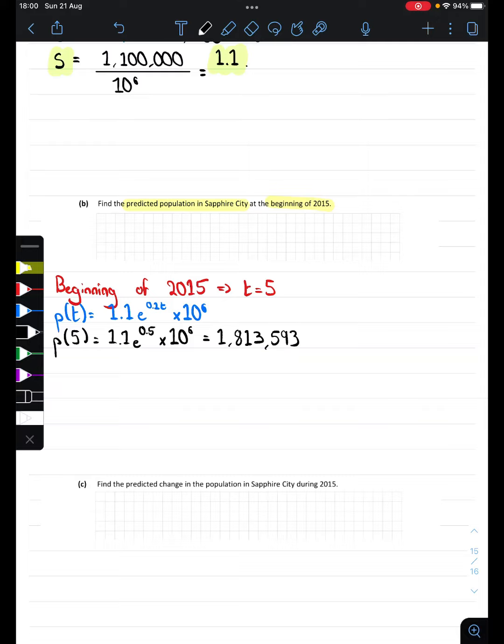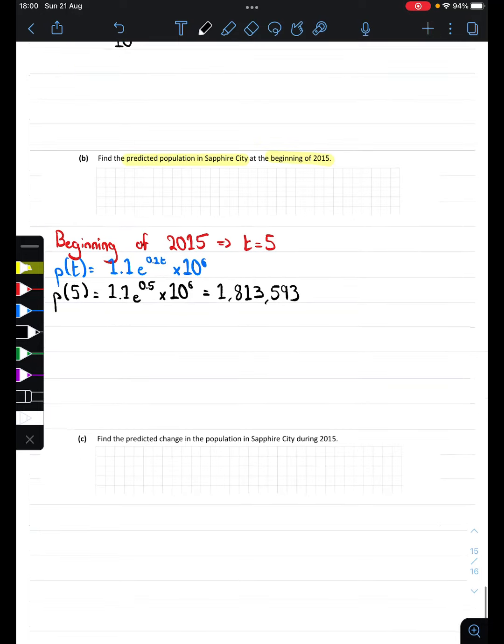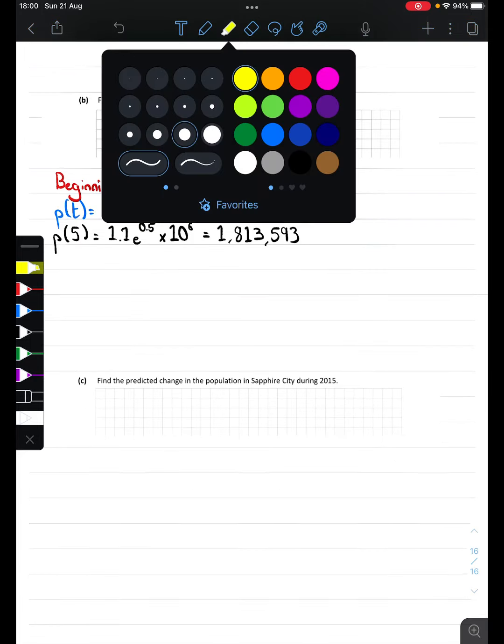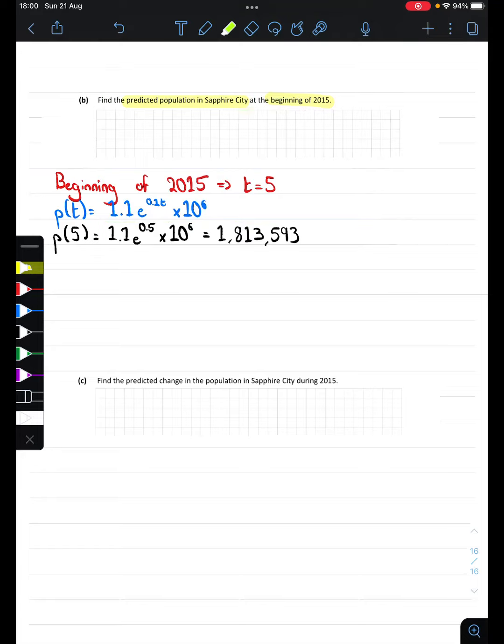The answer we get is not a whole number, but we should always round to the nearest whole number because we're talking about people here, so we obviously can't have 0.3 of a person. So the predicted population at the beginning of 2015 is 1,813,593.